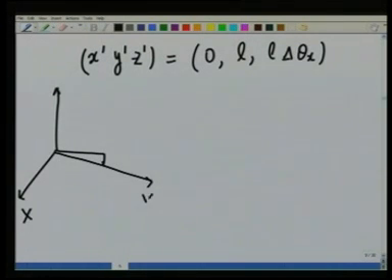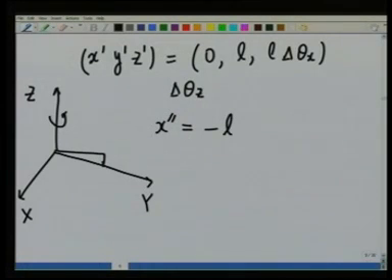Now, let me rotate this rod about the z axis by an angle delta theta z. When that happens, you can see that x double prime, which is after the second rotation, is going to come from this projection going back by angle delta theta z.